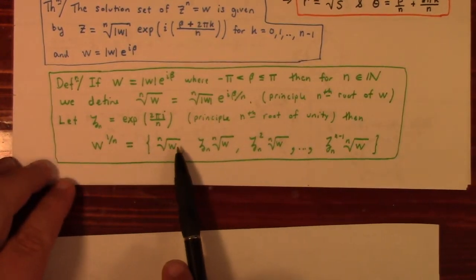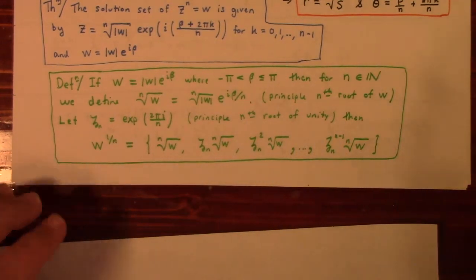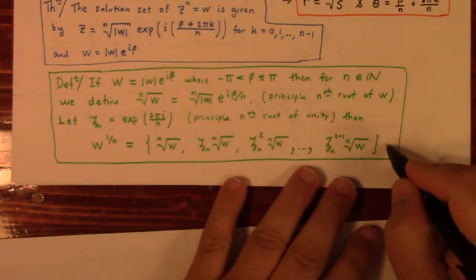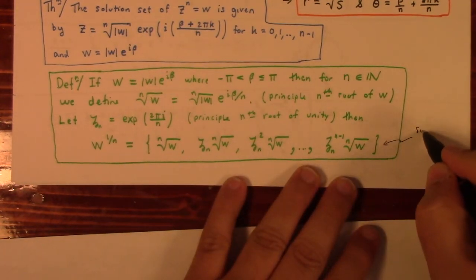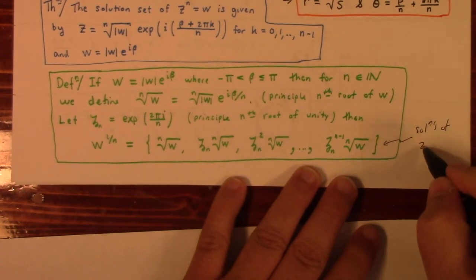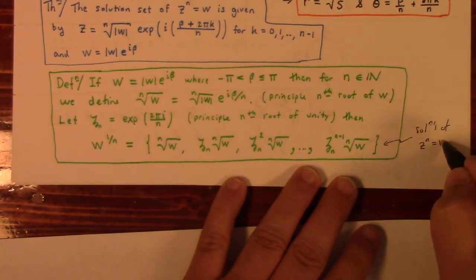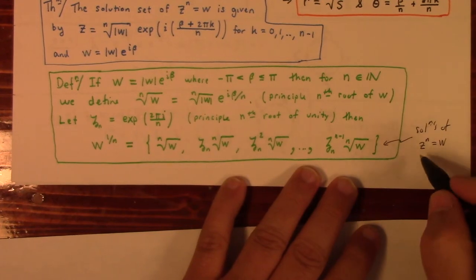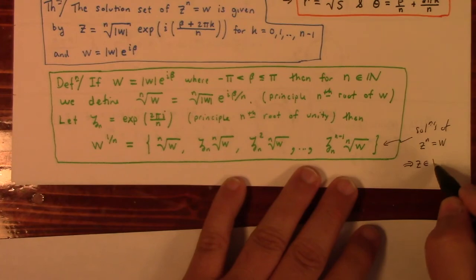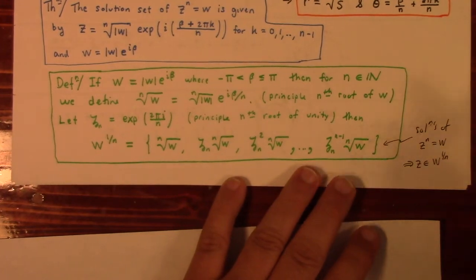But these are all the solutions of z to the n equals w, all right? In other words, if I have z to the n equals w, that implies that z is an element of w to the 1 over n.